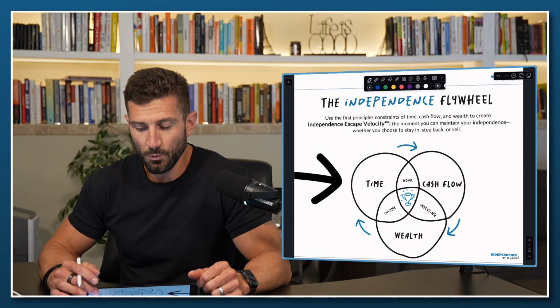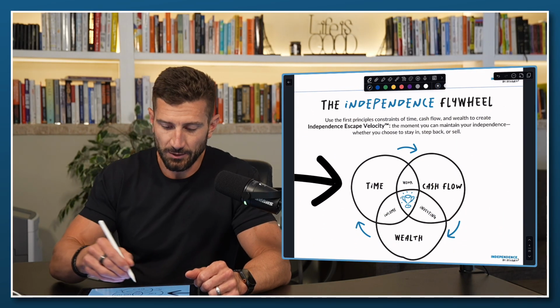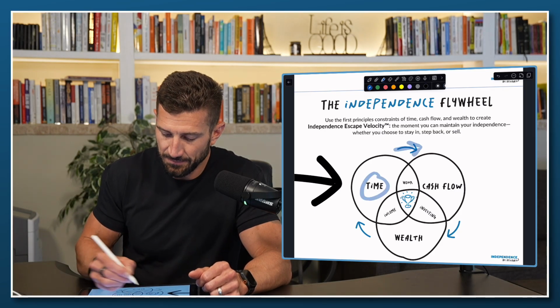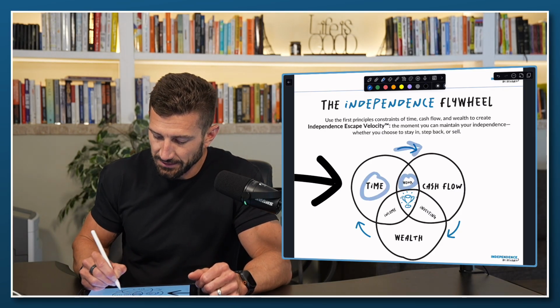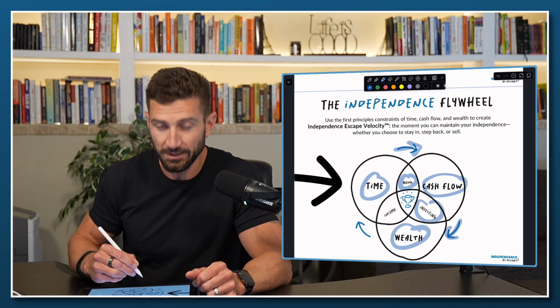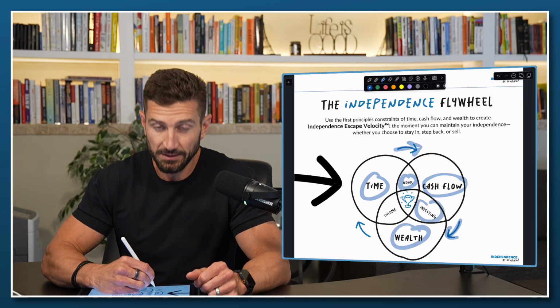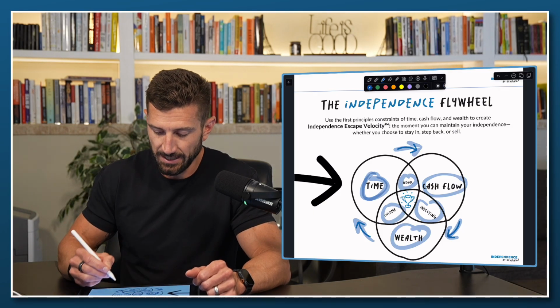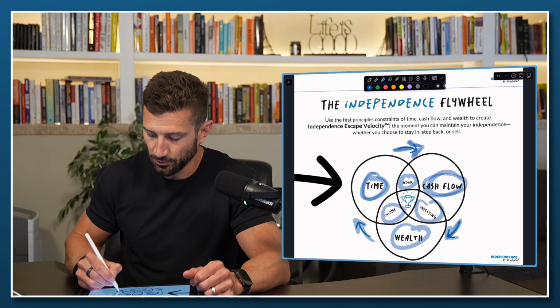And the way to think about this is through the independence flywheel lens. This is about taking your time and working to generate cash flow, taking that cash flow and investing it into wealth generating assets like the company or anything outside the company, so we can generate income that's not tied to our time. And then we just keep that flywheel going.